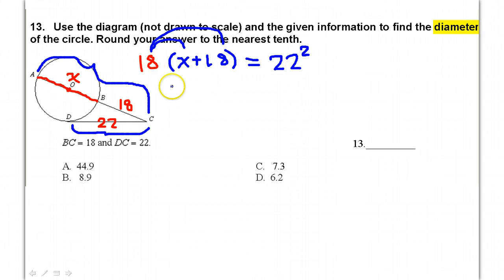Instead, I will distribute. So this will become 18x plus 324 equals 484.